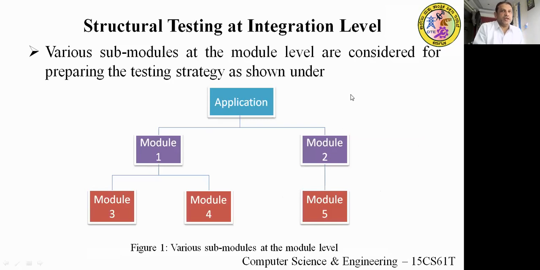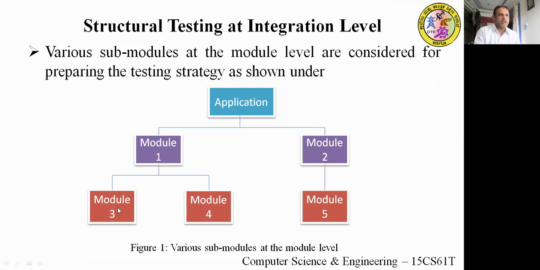So the structural testing at integration level is in the form of a tree. What we discussed is that various submodules at the module level are considered for preparing the testing strategy, as shown. For example, the application module may be the root node. Its children are module 1 and module 2.